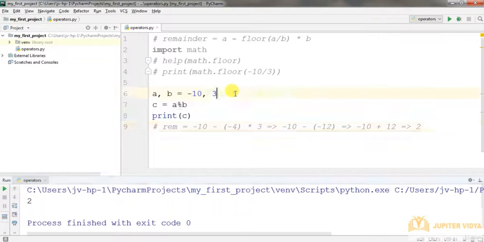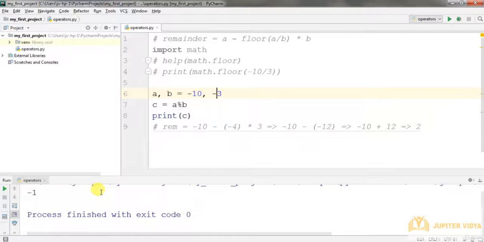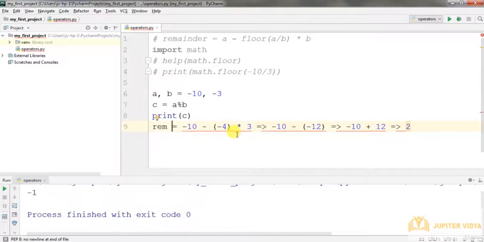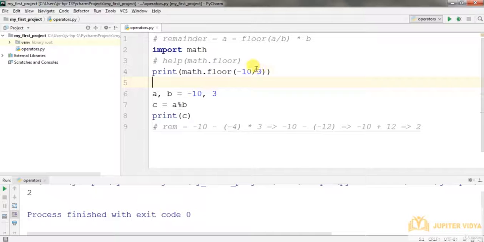So this way we can calculate the modulus for the negative value. So you can try here, if it is minus 3, what will be the output? Minus 1. So again here you can fill this in. Let's comment, give minus.